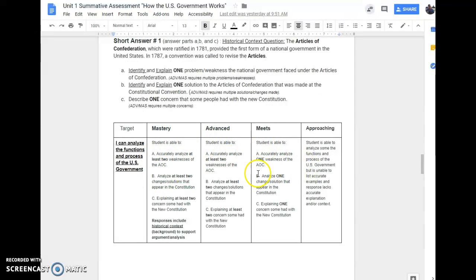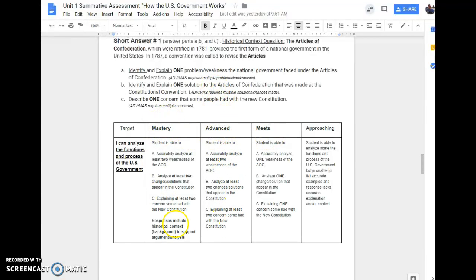The scoring guide here tells you what you need to do to get a basic meets. You need to do exactly what it says here in part A, B, and C to its bare minimum, and then you will get a meets, a C. To get a B, you've got to give multiple examples. So you're not just giving one example in part A, B, and C, but you're giving multiple, and that will get you to an advanced.